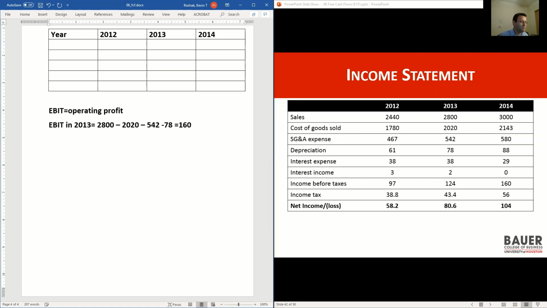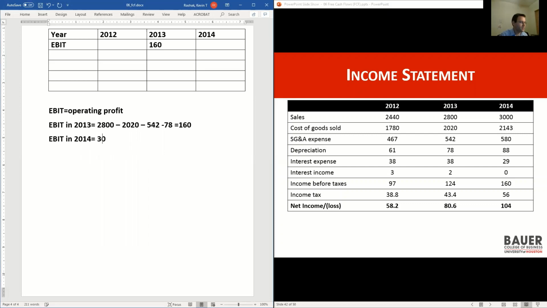I think these are in millions of units or whatever, but 160 of whatever this is. That's our EBIT. So we can go and just write it in our table up here to help us keep track of that. While we're doing that, we can do it for 2014 as well. Oh, we've got it all set up already.